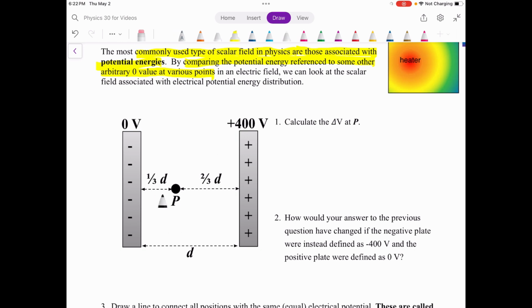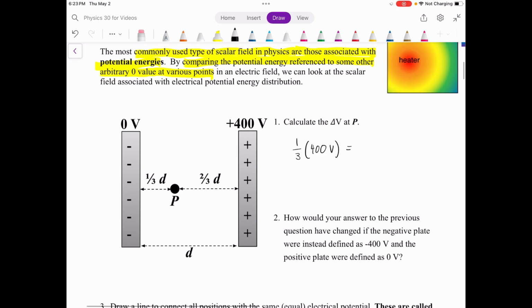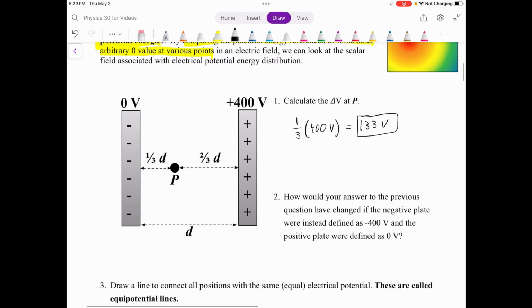We know between plates there's a uniform electric field. So as we go, we linearly give it more and more energy. If we only go 1/3 of the way, we give it 1/3 of the potential energy per coulomb of charge that we could have if we had gone all the way. So it's just 1/3 of 400 volts or 133 volts. That's really all there is to that one.